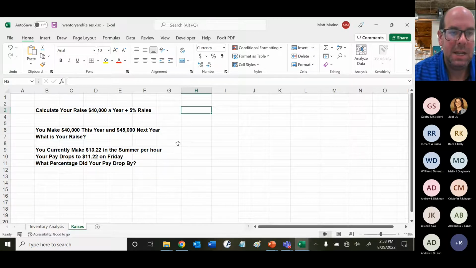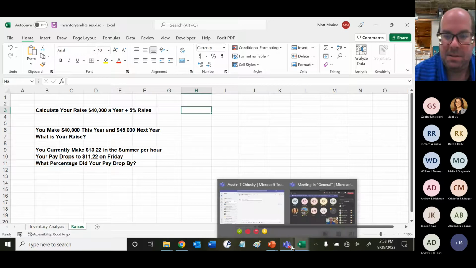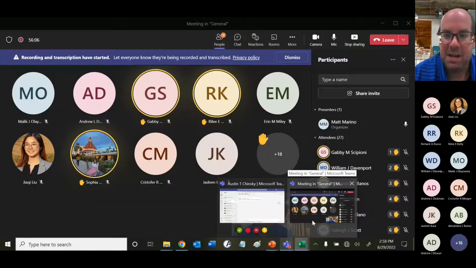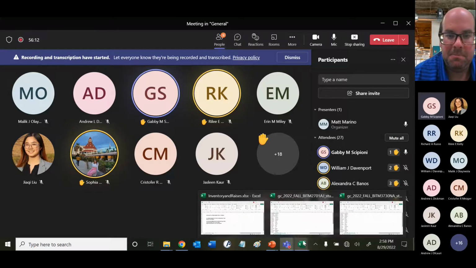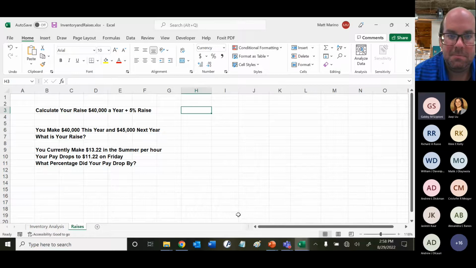So who knows how to calculate your raise if you're making 40,000 a year and then getting a 5% raise? Does anybody know how to calculate that? Would you multiply your salary by 0.05 and then add it to it?